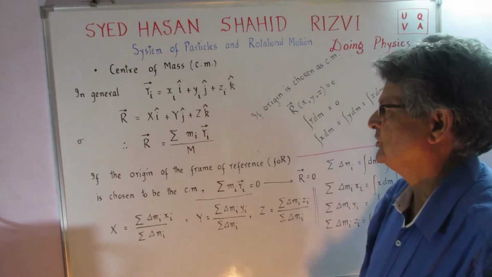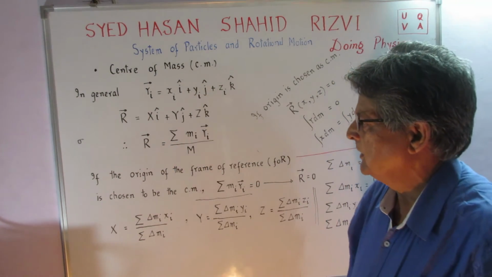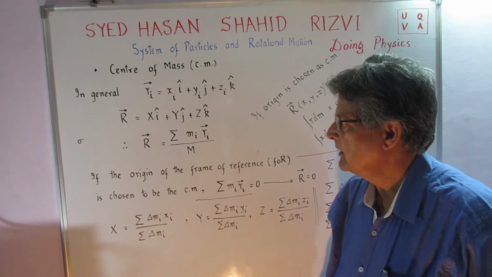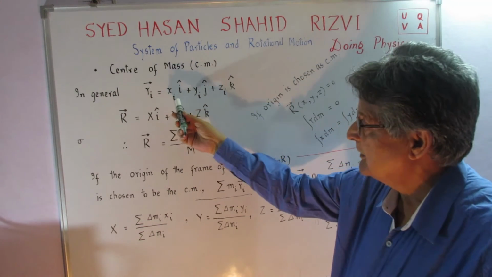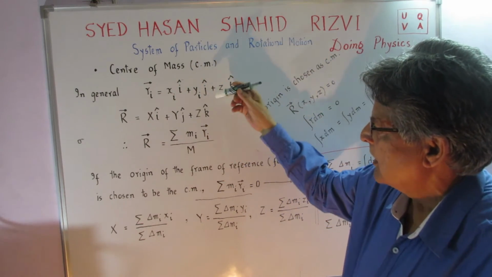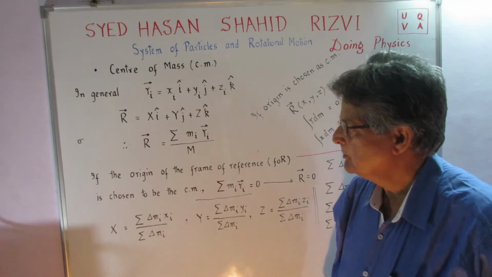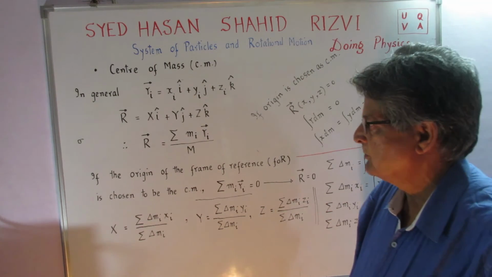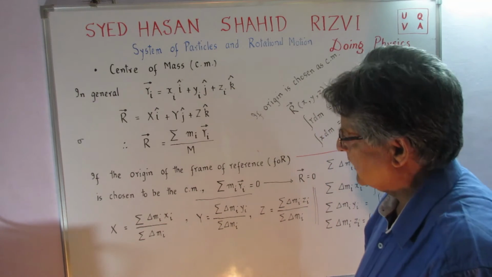Let us generalize, and when we generalize, we obtain the position vector Ri as xi, a scalar component in the i direction, i cap in the x direction, and similarly yi j cap plus zi k cap, where i, j, k are the unit vectors in the directions x, y and z respectively.